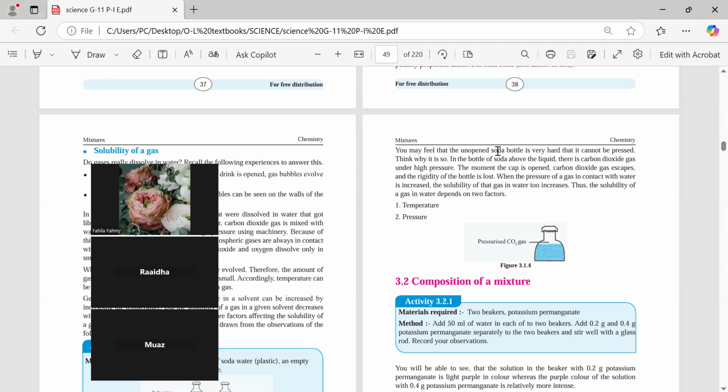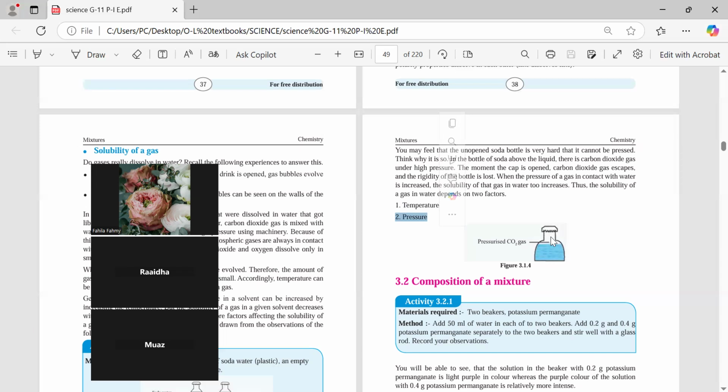But once you open it, the carbon dioxide which was compressed in it gets released. So that's an example of how the solubility of a gas depends on pressure. Pressurized carbon dioxide, if we drink carbonated drinks, they have this gas trapped in it.